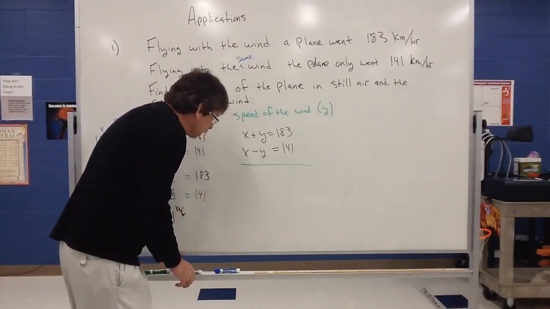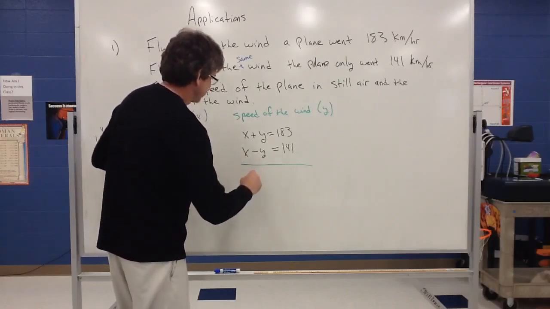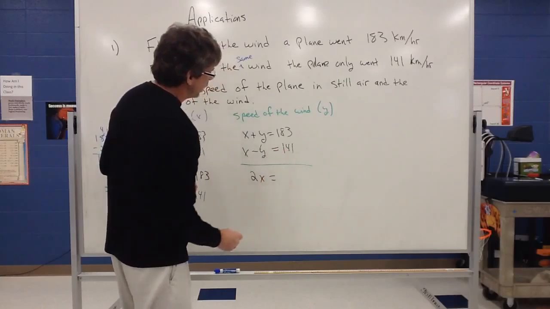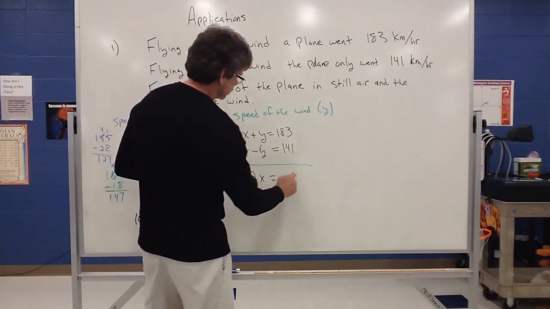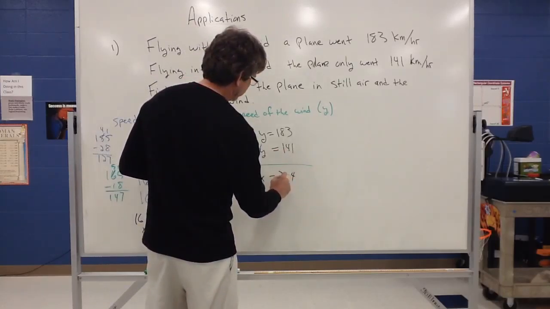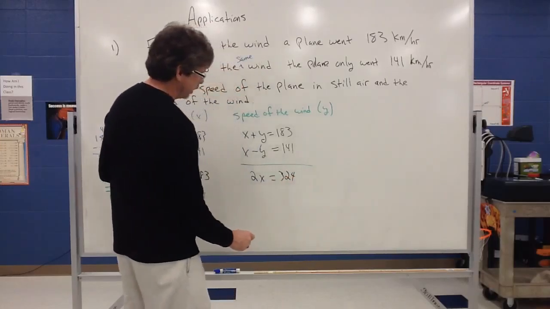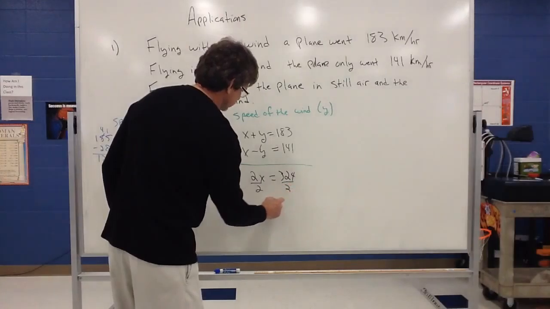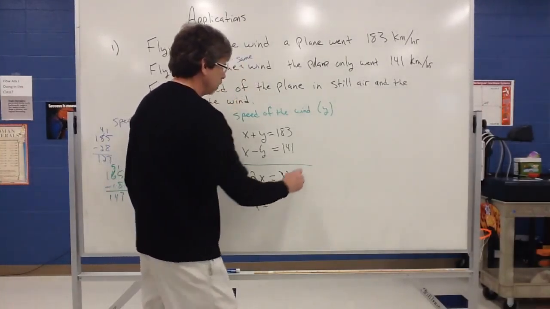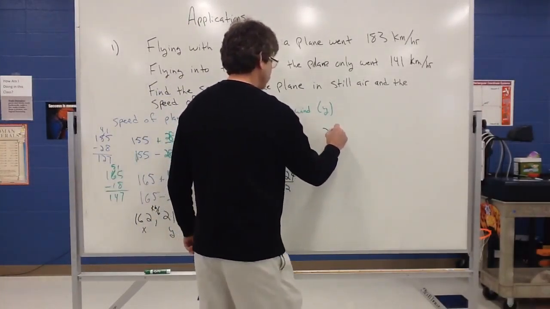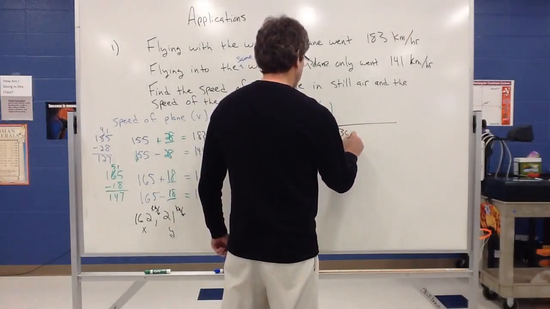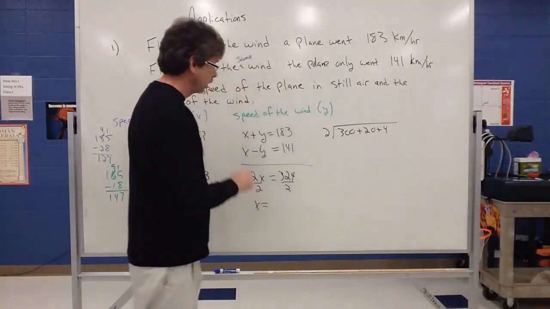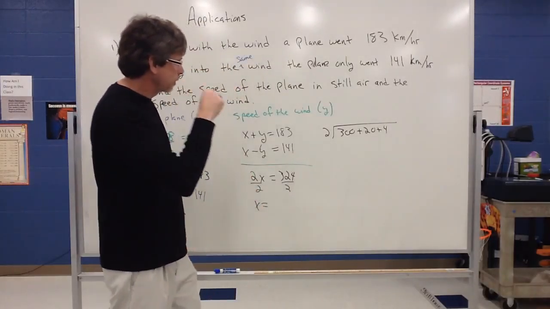So 2x, the y's zero out, and that's going to become 324. Then I have to divide by 2. So 2 into 324.